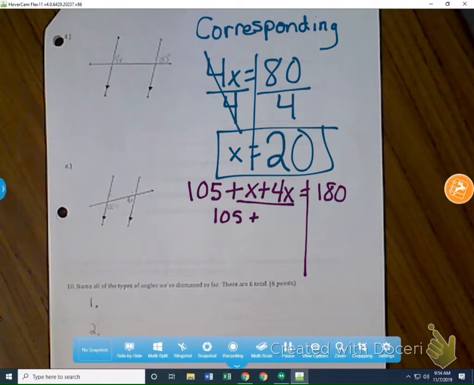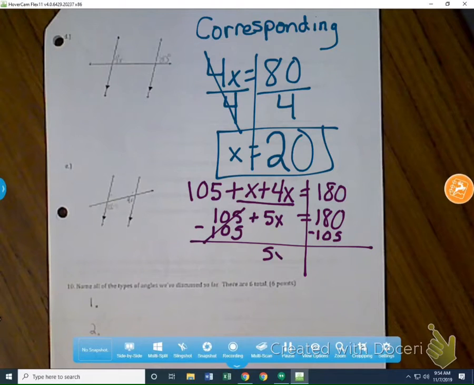So 105 plus 5x equals 180. Subtract 105 on both sides. So 5x equals 75. Divide both sides by 5. What does x equal? What's 75 divided by 5? 15. Good.